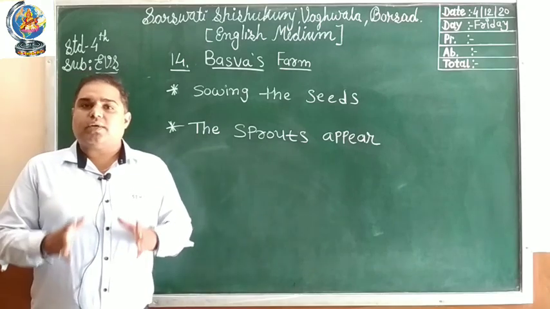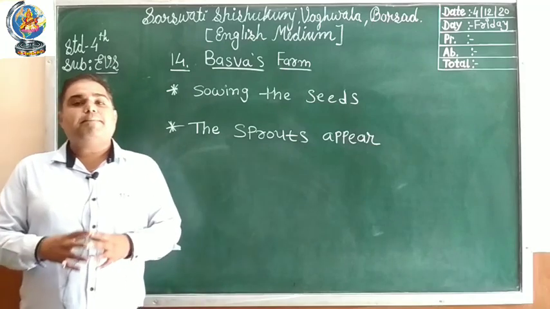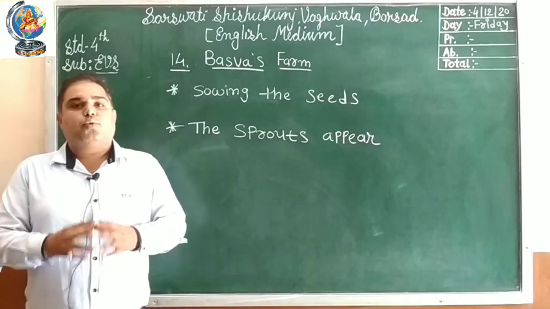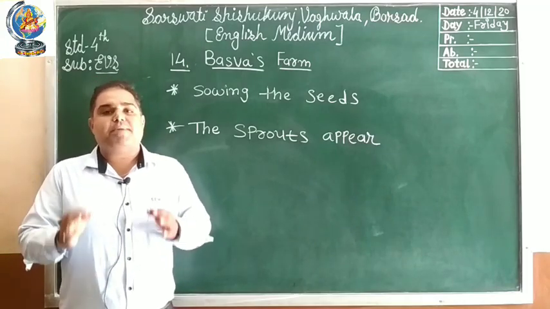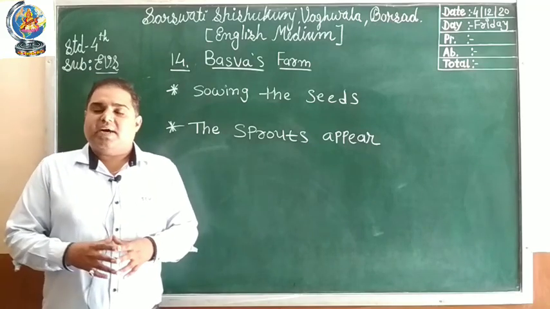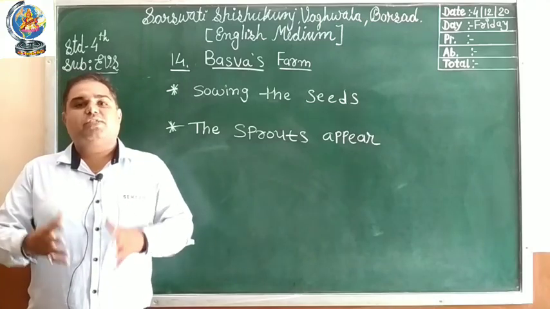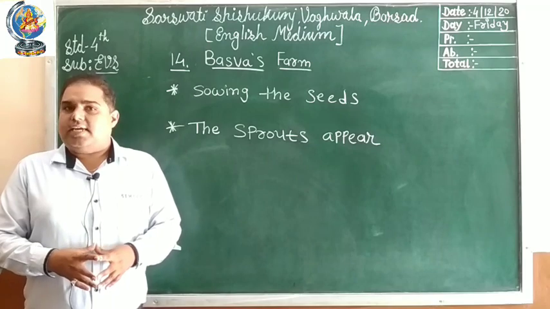This is not so easy to do. He says that Basva may drop too many seeds at one place. So he tells him that he must wait till he becomes older to be able to do this.